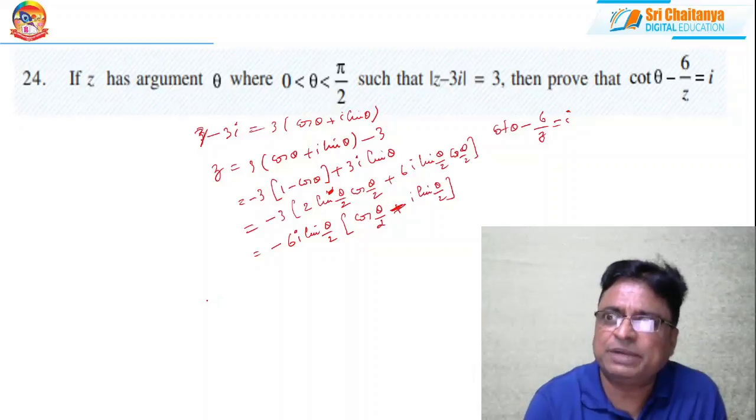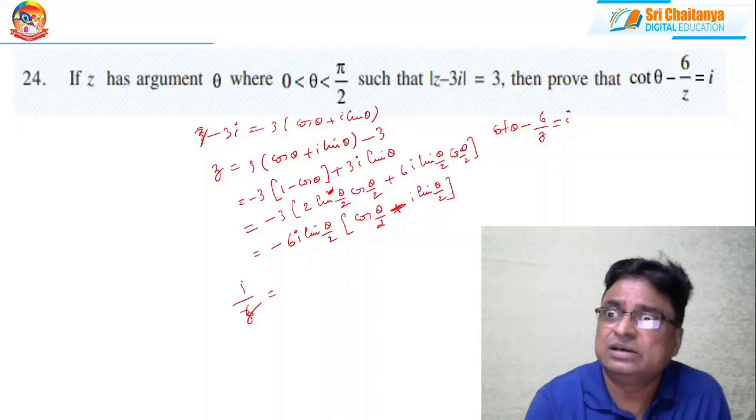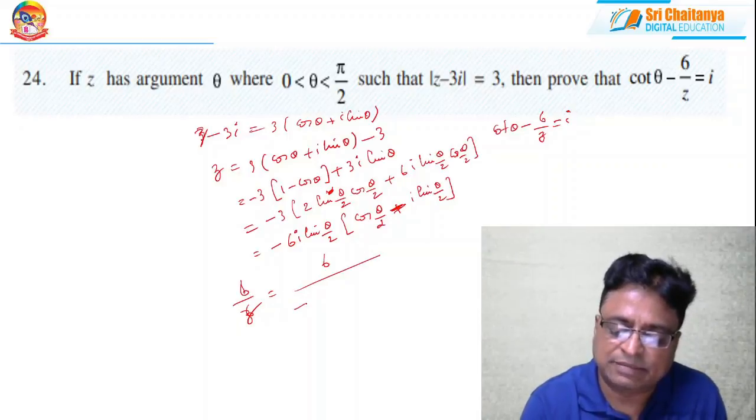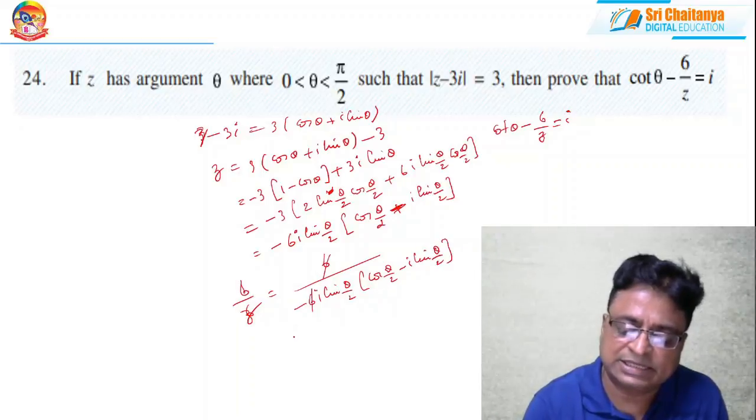So you find 1 by z. That is 6 by z. You can write this as 6 by minus 6i sin theta by 2 into cos theta by 2 minus i sin theta by 2. 6 gets cancelled.